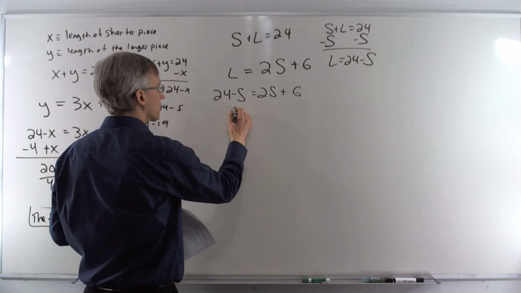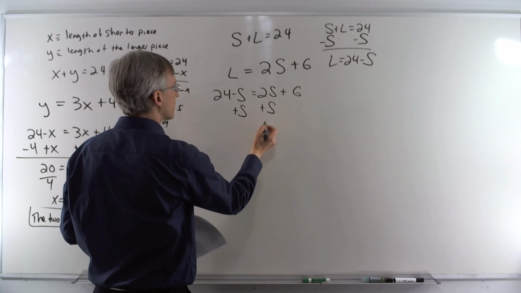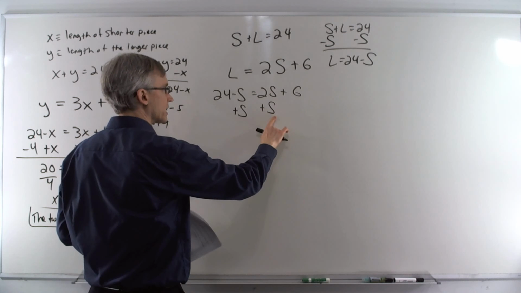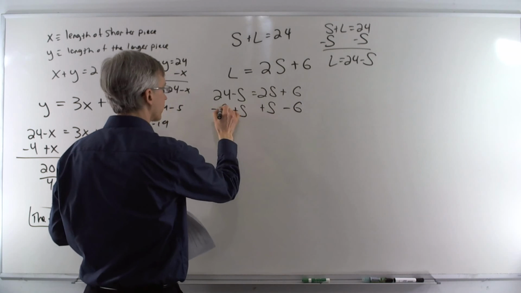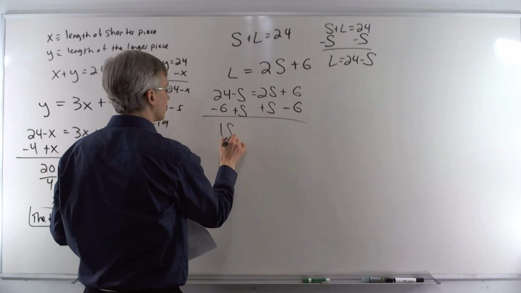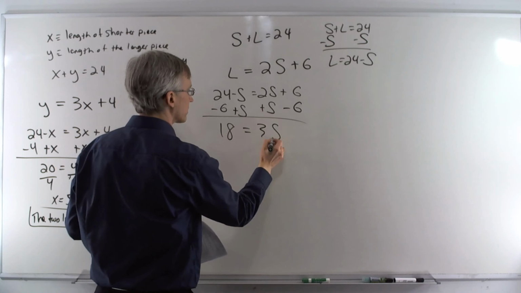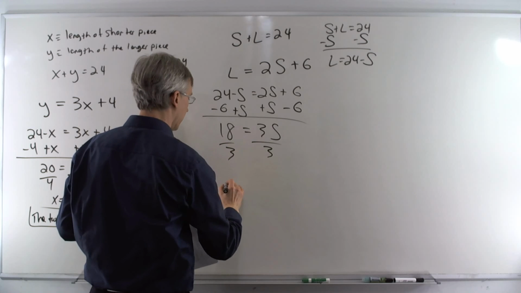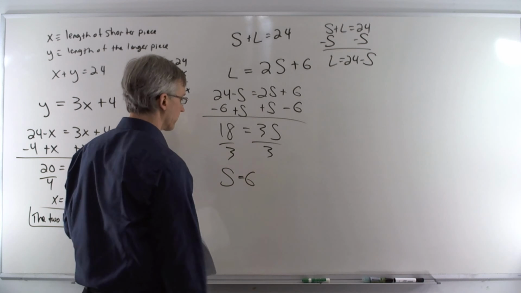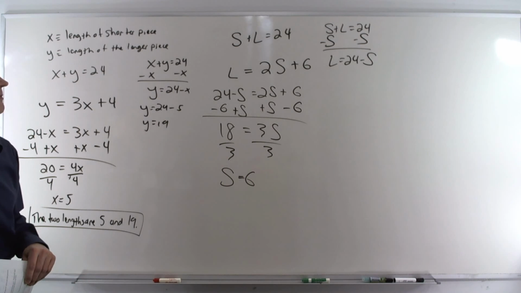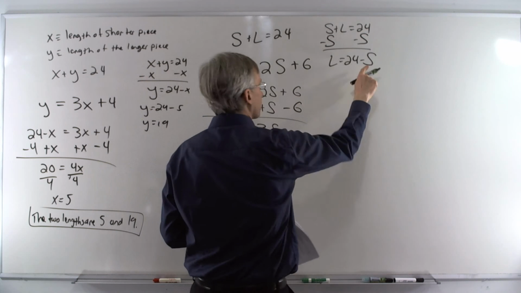Now we can solve this. So plus s on both sides. It gets all the s's over here. So we'll subtract 6 over here and 6 over here. That gives 18 equals 3s. Divide by 3, and s equals 6. So the shorter piece is 6. I'm going to plug that in here.